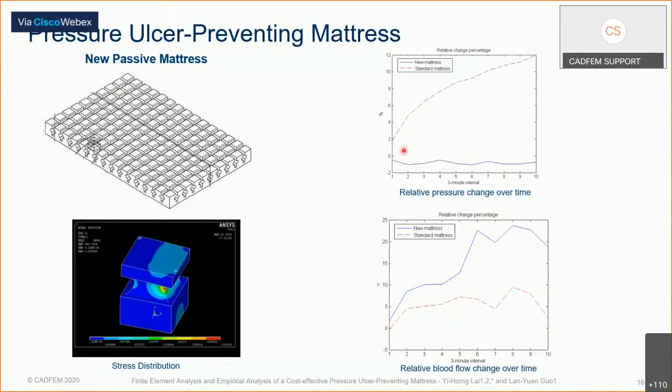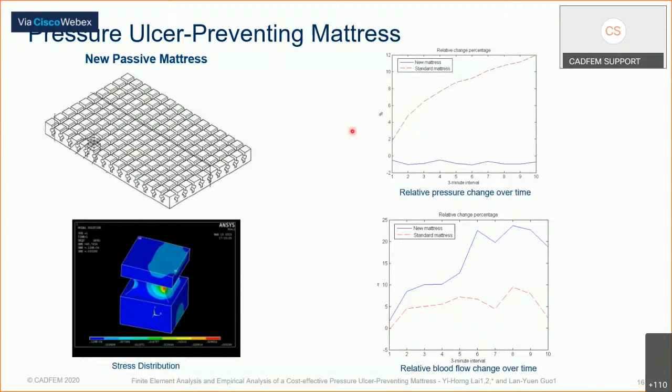You can see this is with respect to time. Suppose my analysis is done for this form where a person is lying down, and I'm taking the percentage change of pressure, how much pressure is varying with respect to time. You can see here for a standard mattress, the percentage change of pressure is increasing.